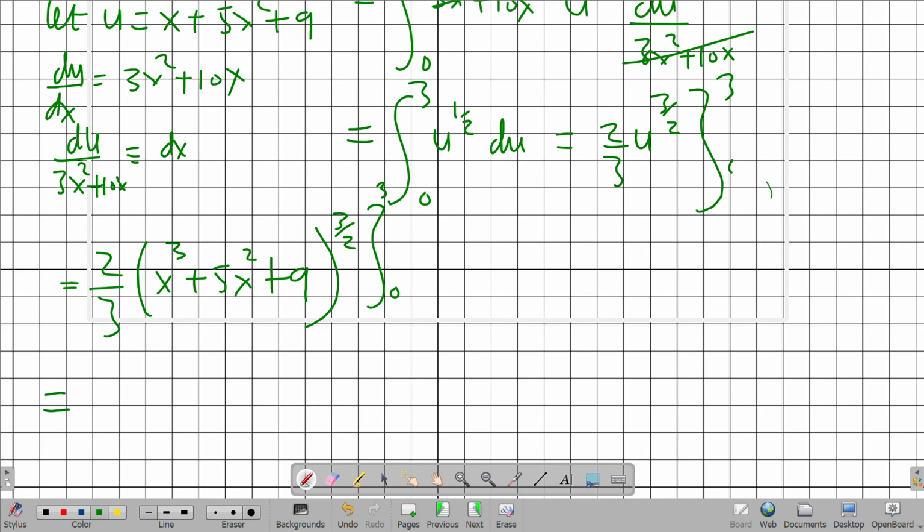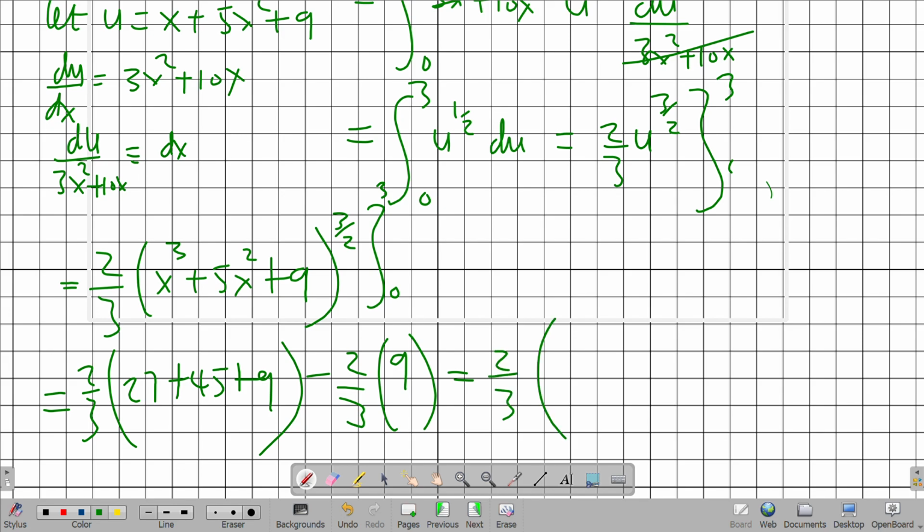At 3 is going to be 2 over 3 here. This is 27, this is 9 times 5 is 45, plus 9, minus 2 over 3. Place a 0 here. Everything else becomes 0 and 9. You're free to use the calculator, but it seems like everything else cancels. The 9 cancels, and then 2 over 3.